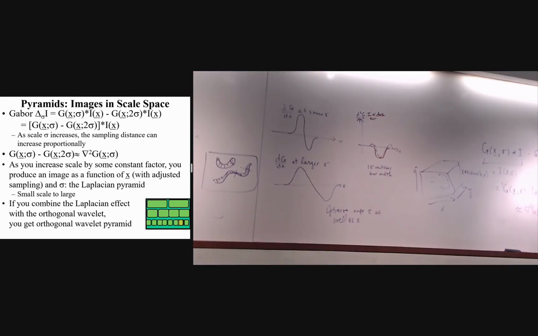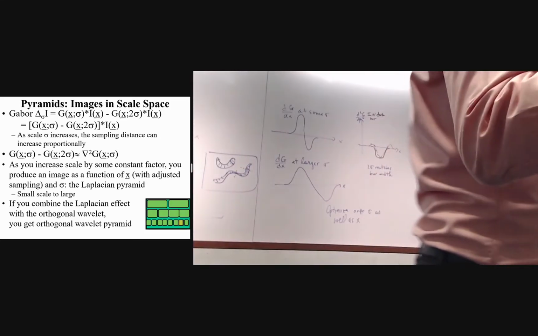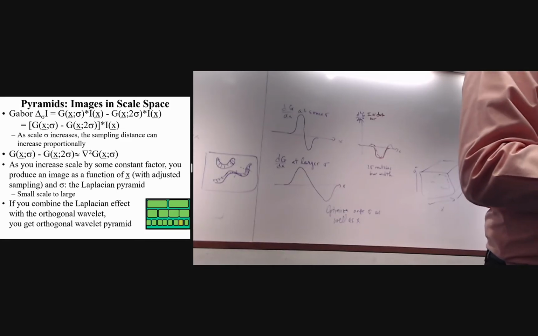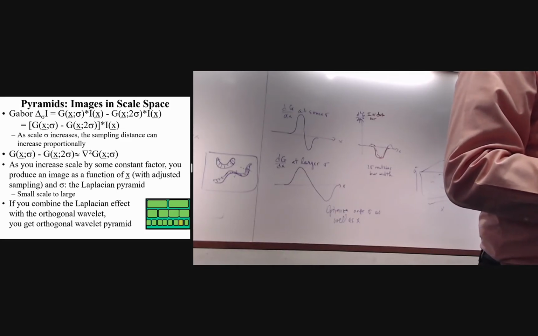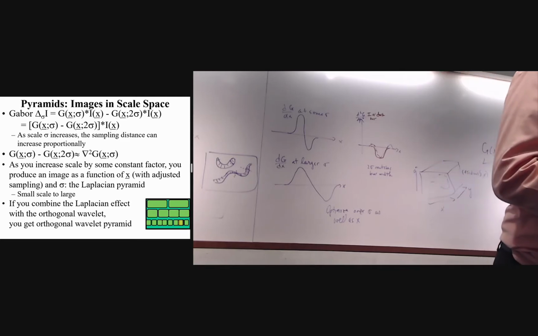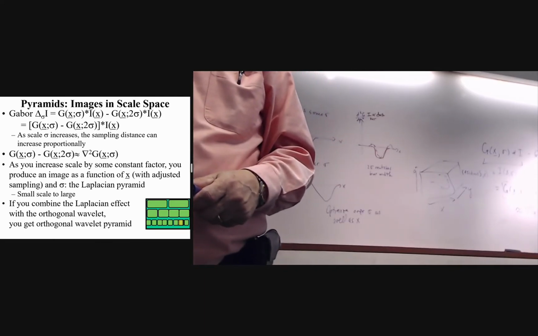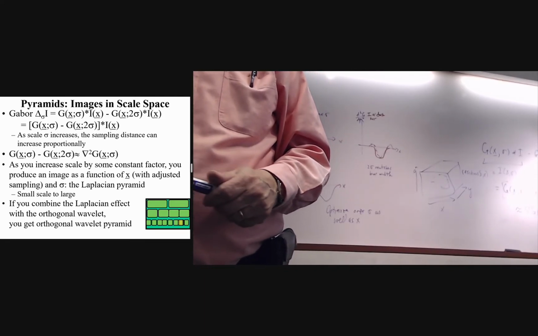So the general notion is we're trying to find these tracks in scale space. For a 2D image, you have a 3D scale space, and you're trying to find optima in 3 dimensions.